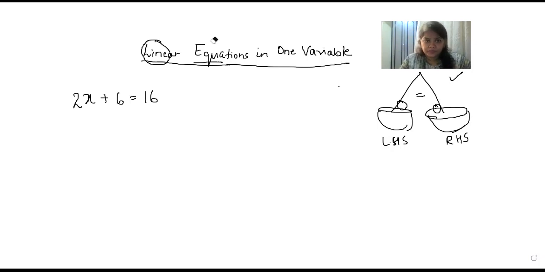Now, let's take an equation. 2x plus 6 is equal to 16. We have to find the value of x. Now, if you see, x is multiplied by 2. x has first been multiplied by 2, and then 6 has been added.